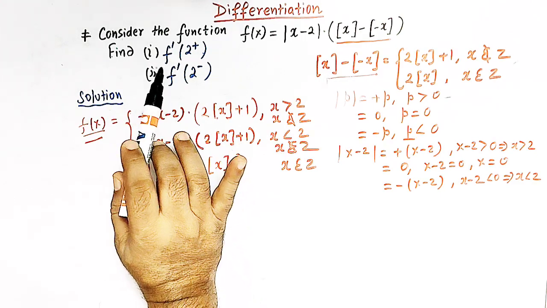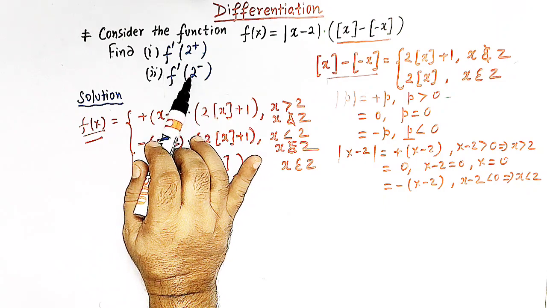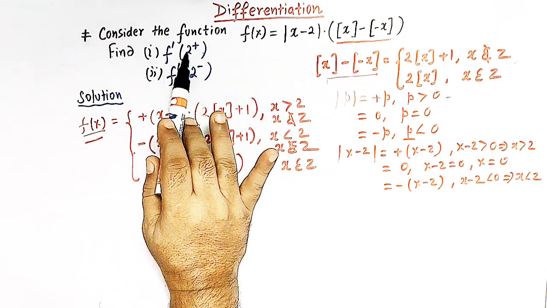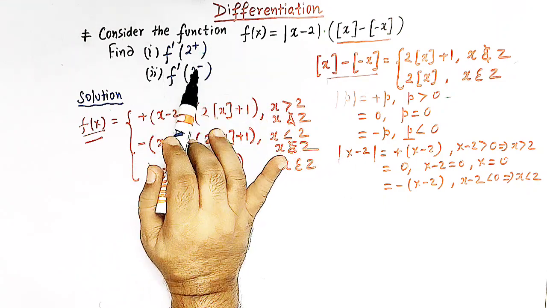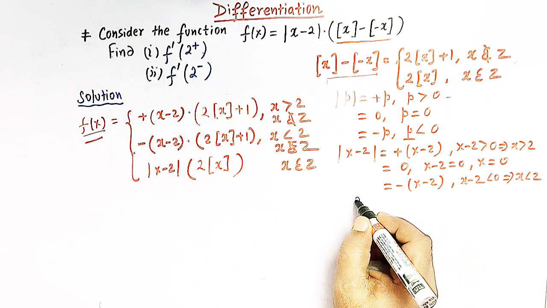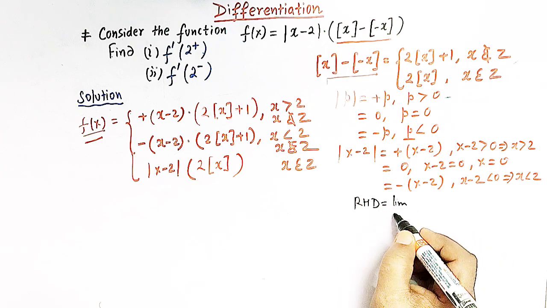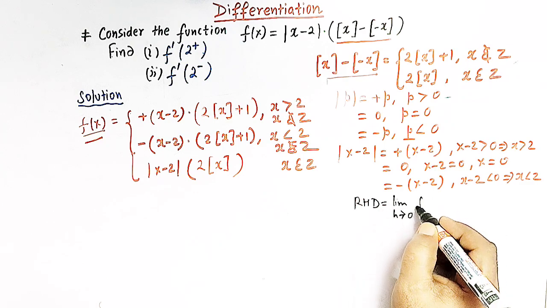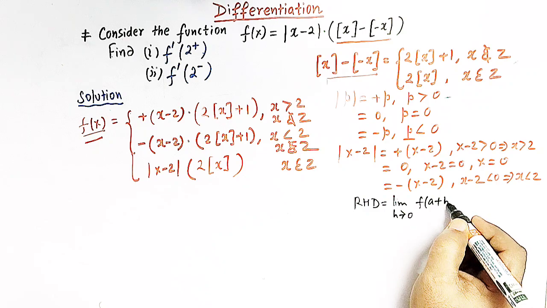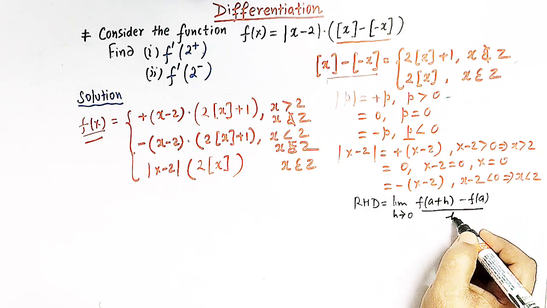So now we have to find out the right hand derivative and the left hand derivative of this function at this point, that is x is equal to 2. So let us define the right hand derivative by this limit, that is limit h tends to 0, and we have f of a plus h minus f of a, and here we have h.